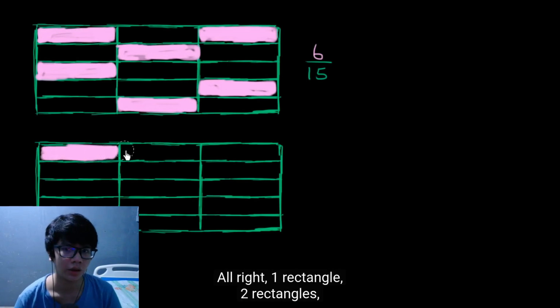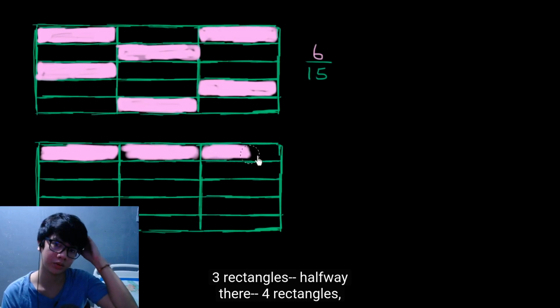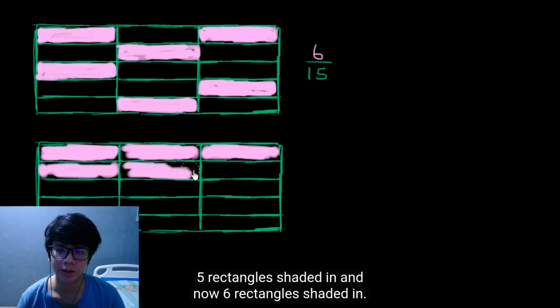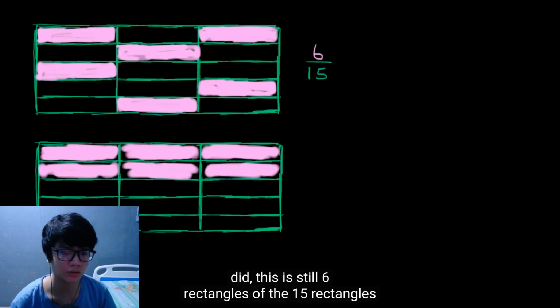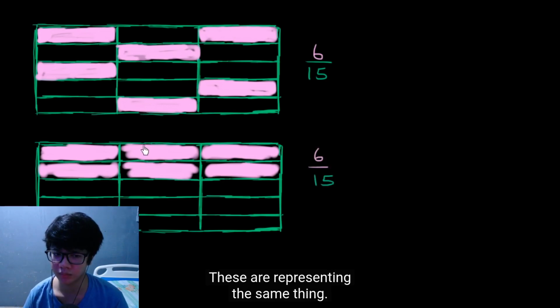All right, 1 rectangle, 2 rectangles, 3 rectangles, halfway there. 4 rectangles, 5 rectangles shaded in, and now 6 rectangles. So this right over here, what I just did, this is still 6 rectangles of the 15 rectangles shaded in. So this is still 6/15. These are representing the same thing.